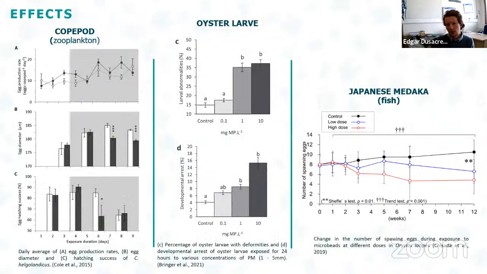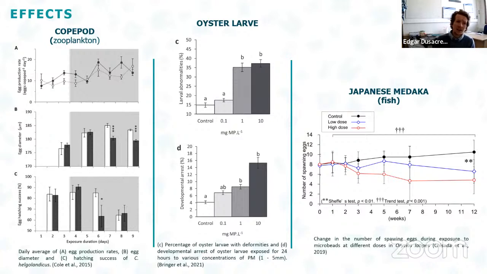A bit more about the effect of this uptake. First, a study on copepods, by Matthew Cole. They didn't observe significant differences in egg production rates between control and microplastics exposed treatments.